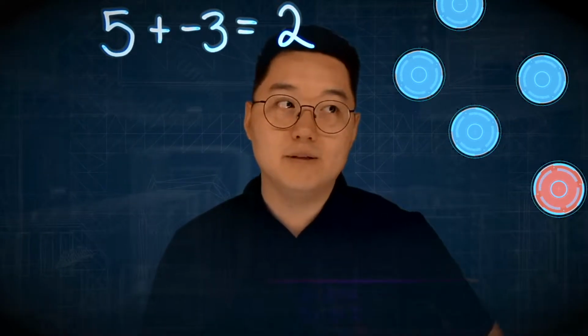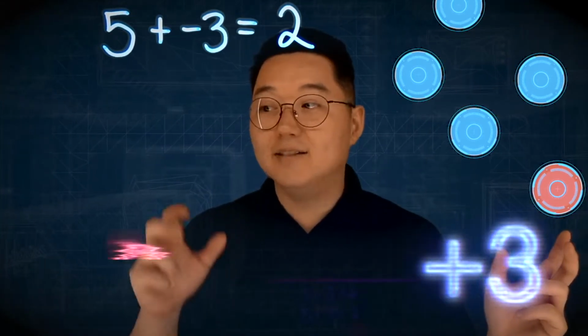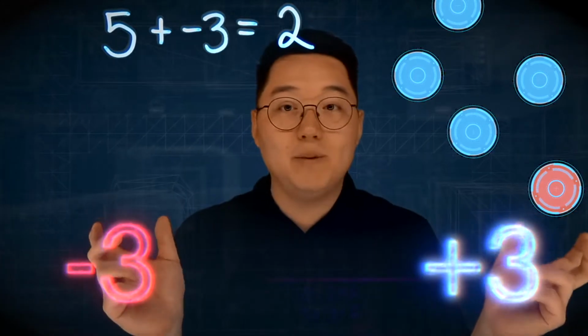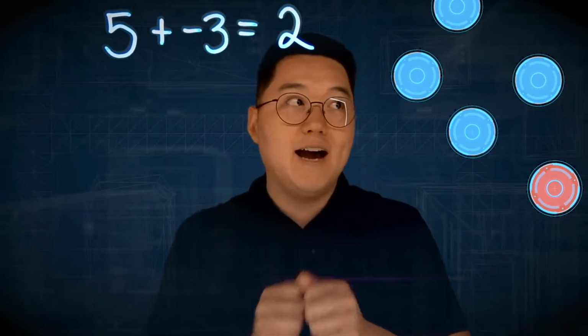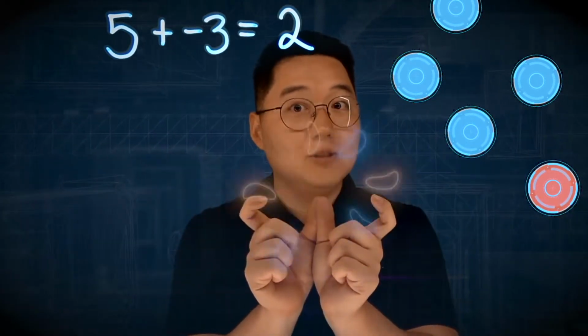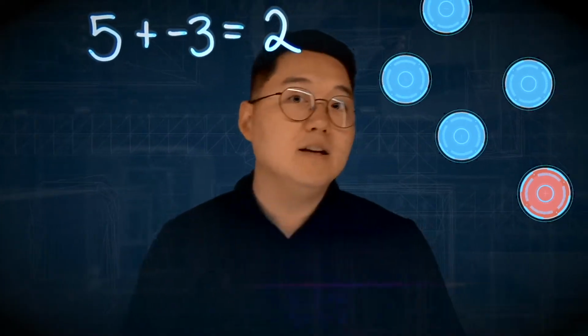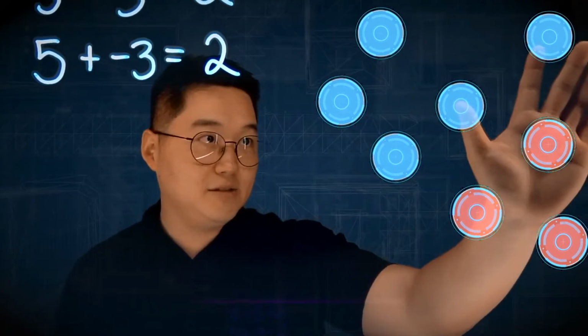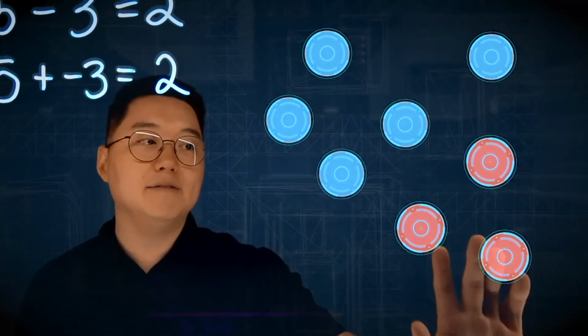Do you guys know that positives and negatives cancel out? For example, positive 3 and negative 3 combine to be 0. Or if I have positive 10 and negative 10, they also combine to be 0. And so we have 5 positives right here, and then we got 3 negatives.